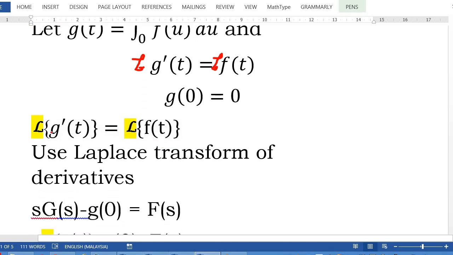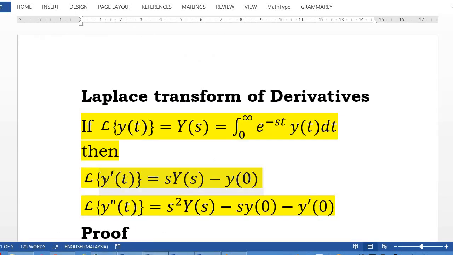Later on, we take the Laplace transform of g prime(t) equal to f(t) on both sides. So you have the Laplace transform of g prime(t) equal to the Laplace transform of f(t), and you have learned the Laplace transform for the first derivative. The Laplace transform of y prime(t) is equal to sY(s) minus y(0).